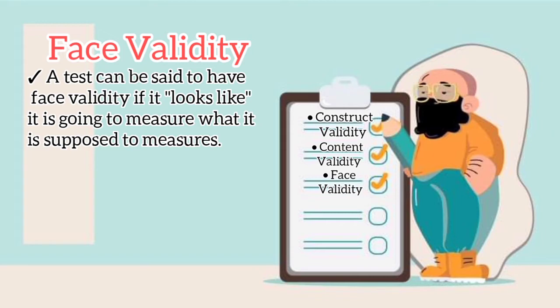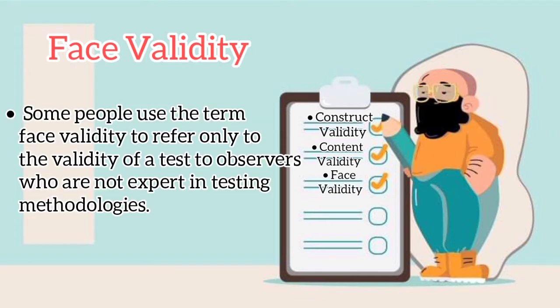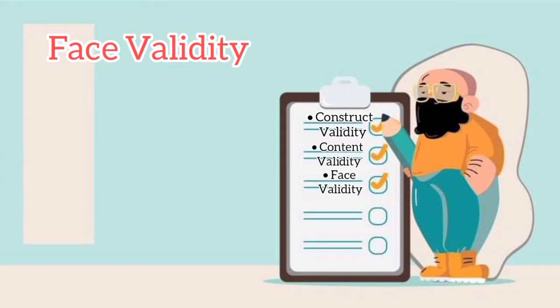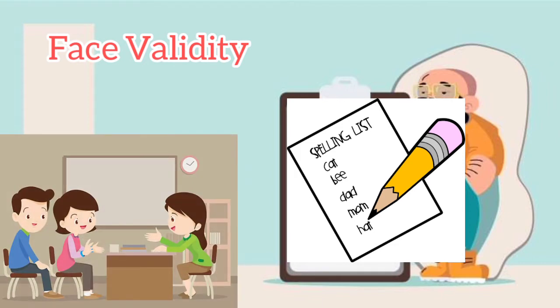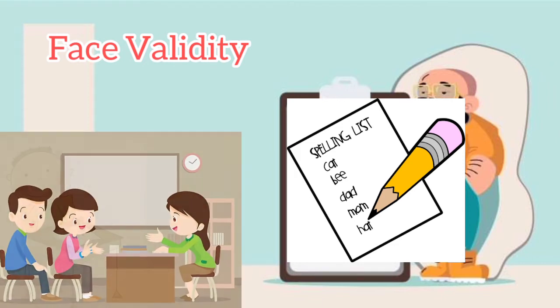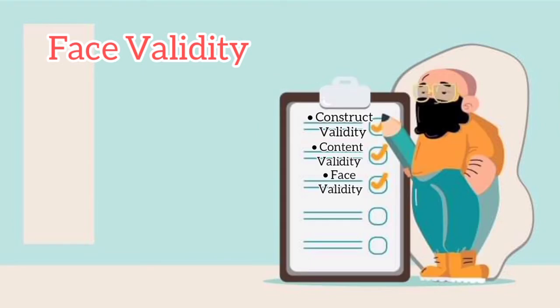Some people use the term face validity to refer only to the validity of the test to observers who are not experts in testing methodologies. For instance, if a test is designed to measure whether children are good spellers and parents are asked whether the test is a good test, this measures the face validity of the test.